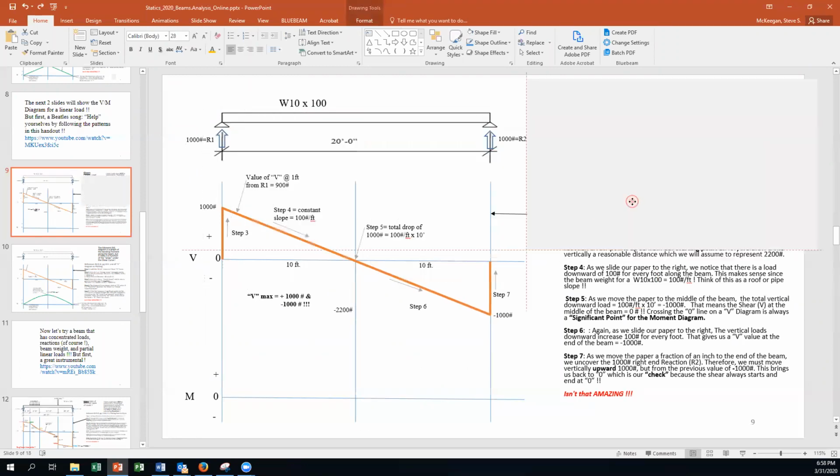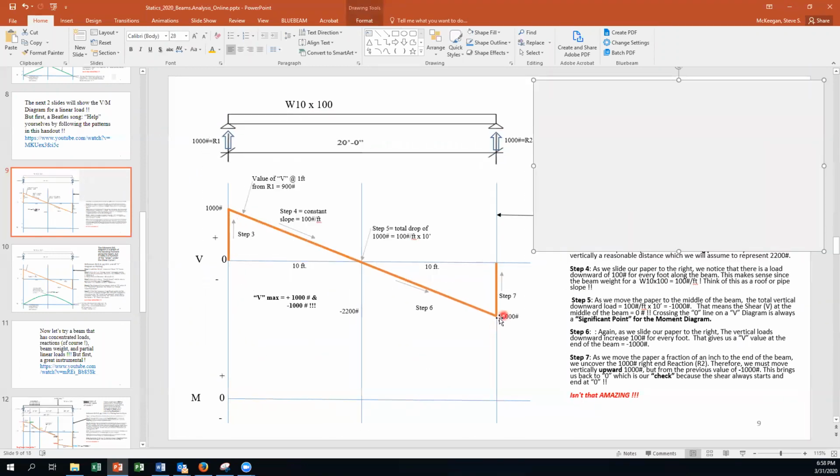So what you can say is that the value here is nothing more than 1,000 minus 20 times 100, which would give you a minus 1,000, and then right back up to 0 because R2 is a positive 1,000.